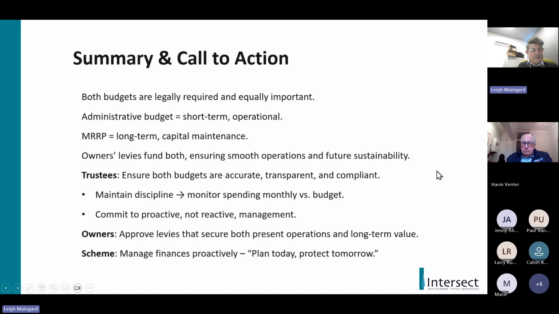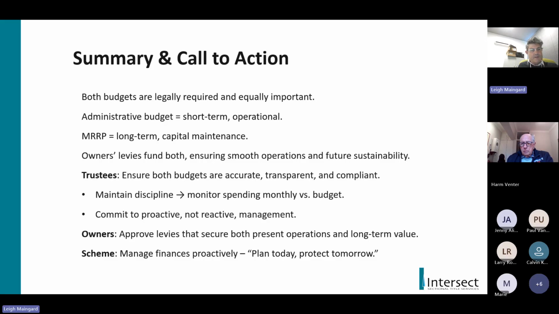And then also for the trustees to commit to proactively managing and attending to maintenance for the scheme. Although the 10-year maintenance plan is a very proactive plan, it is for capital expenditure, as we mentioned earlier, for big ticket items, painting of the building, replacing of roofs, those kind of items, while being proactive on just normal day-to-day maintenance is also very, very important to consider.